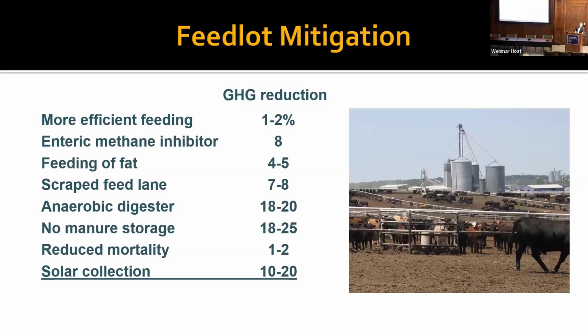We can't just add all these up, but through modeling, again, we can look at all the interactions and put them all together in the model. And if we do that, we find that we could potentially, I'm not saying it's feasible, I'm not saying it's economical, but we could potentially reduce the greenhouse gas emissions from the feed yard by 50 to 60%.